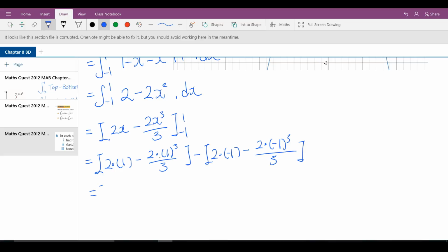Alright, so that would become 2 minus, now 1 cubed over 3. 1 cubed is still 1. So 2 times 1 is still 2. So 2 over 3 minus 2 times -1 is -2 minus -1 cubed is still -1. Alright. And 2 times -1 is -2. So it's -2 over 3.